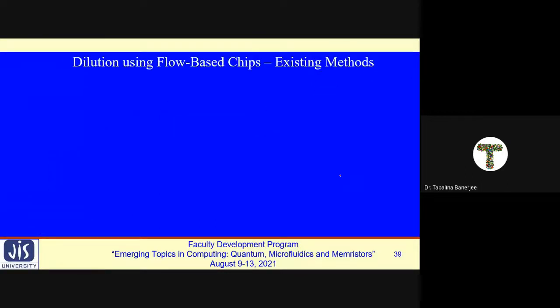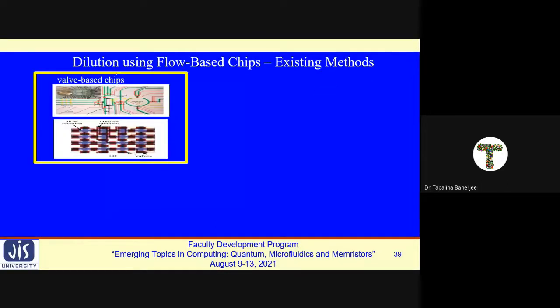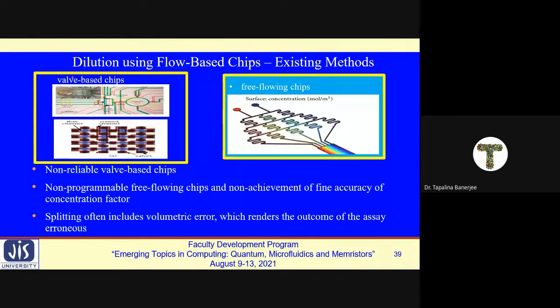If we are using dilution with flow-based tubes, then there are valve-based tubes as well as free-flowing tubes. In the case of valve-based tubes, non-reliability is there. In the case of free-flowing tubes, non-programmability is there in most cases.